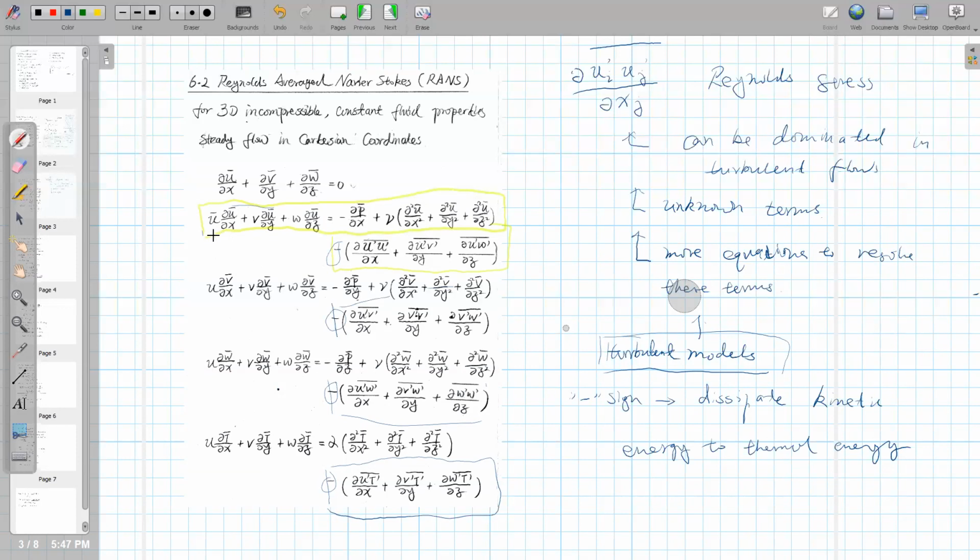It's all coming from the convective term of the instantaneous equation. So all these terms originate from the nonlinear convective terms.